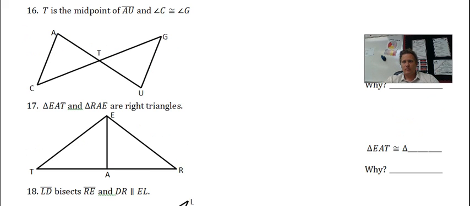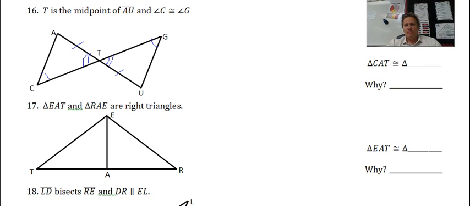Okay. Next one says T is the midpoint of AU. AU is a line, so these two are going to be the same. C and G are congruent, so let's mark those angles congruent. And I know these angles right here are congruent because they are vertical angles.